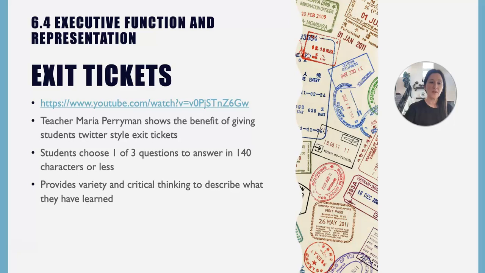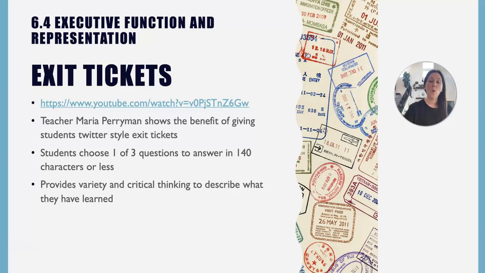In the option of 6.4, executive function, I really liked the video in our required resources on exit tickets. I've listed the YouTube link in case you'd like to check it out. It's an example of how teacher Maria Perryman shows the benefit of giving students Twitter-style exit tickets.